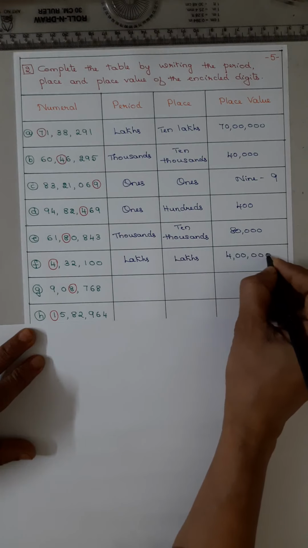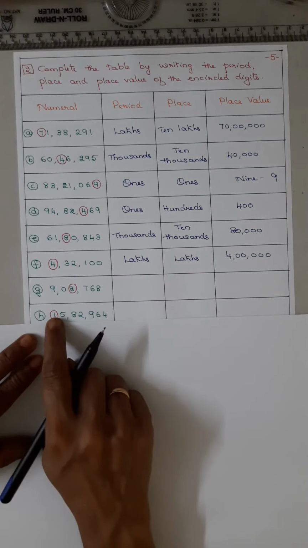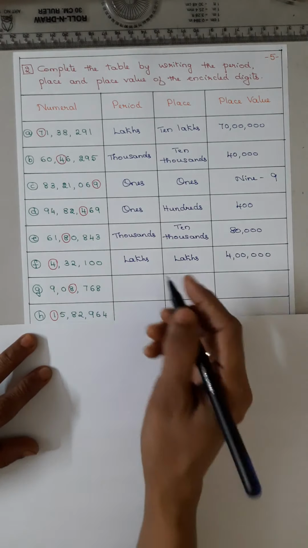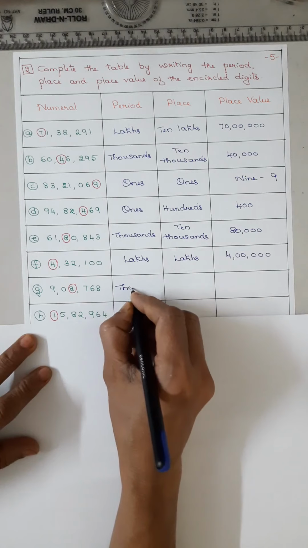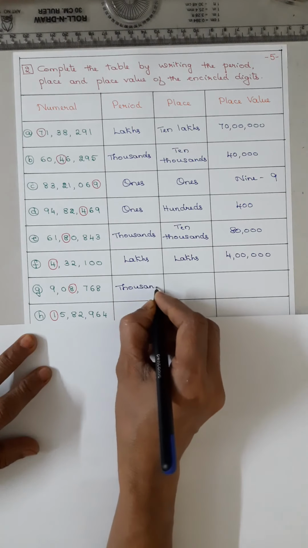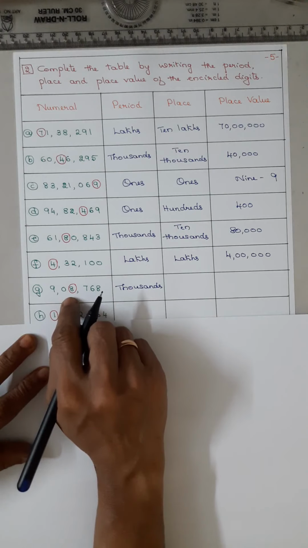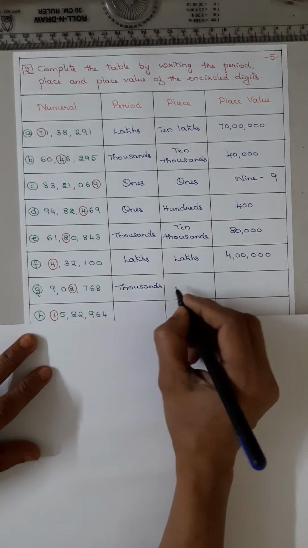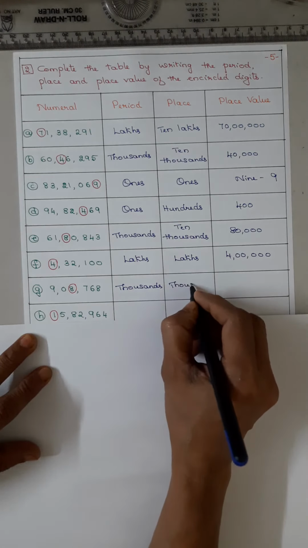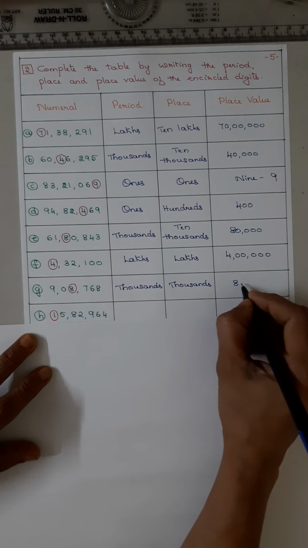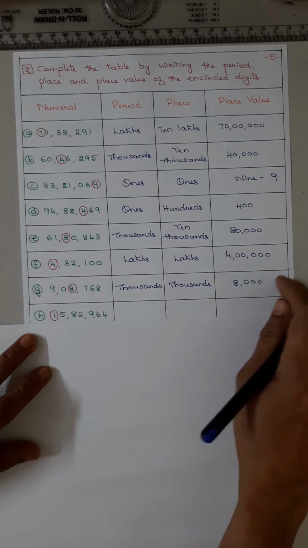Now question number G. Ones, thousands. This one will be 1000. So it is thousands. And it will be 8,000.